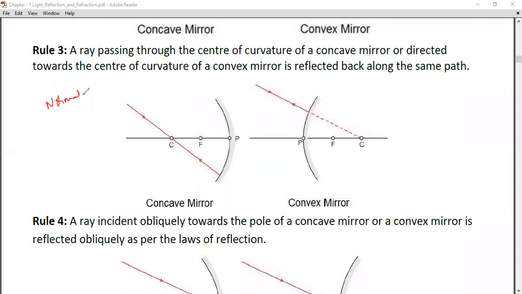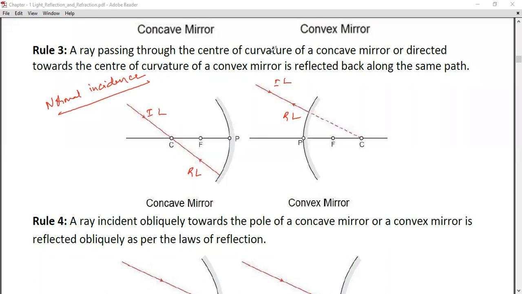For normal incidence, the reflected ray will retrace the path. It will travel back into the same path but opposite direction, like see, incident light and reflected light. So this is incident light, this is reflected light. Here also same thing, incident light and reflected light. This is the rule 3.